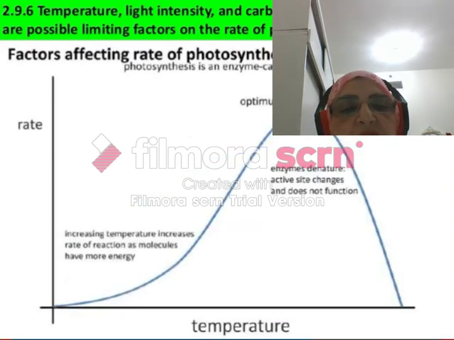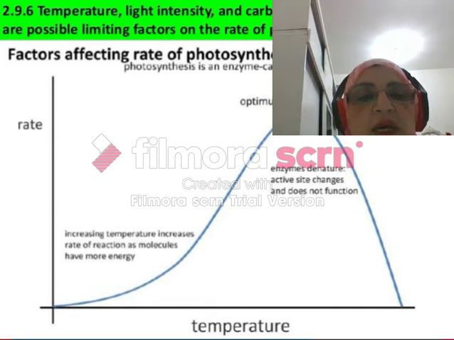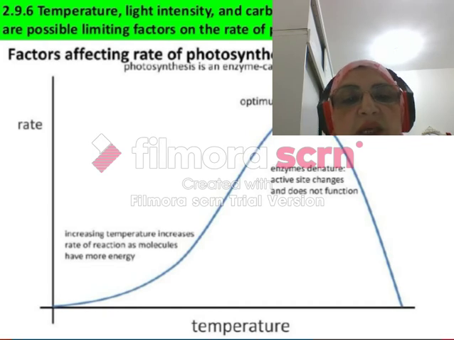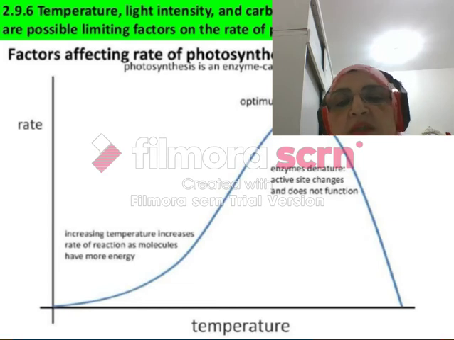Here, the effect of temperature, you can see that the curve is very similar to the effect of temperature on the enzyme activity, because temperature controls the light independent reaction that mainly depends on enzymes. So as you know, as the temperature increases, the enzyme activity increases, so the rate of photosynthesis increases.